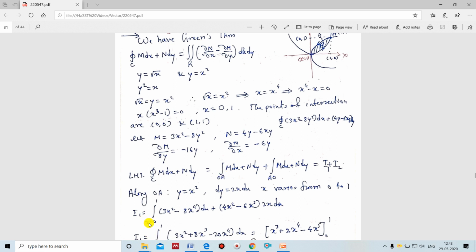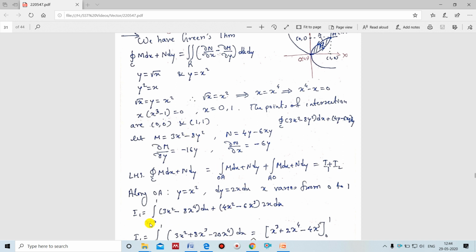I1 is equal to the integration from 0 to 1. Here M dx, where M is 3x square minus 8y square. Put y is equal to x square, that is x raised to 4, into dx, plus N dy, that is 4x square minus 6x cube. Put dy is equal to 2x dx.